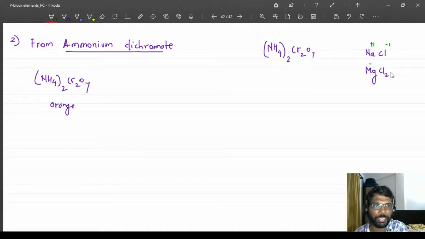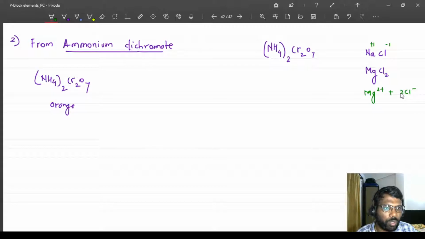I'm giving you this explanation because I want to explain how not to make mistakes in writing this formula. The charge on magnesium is Mg2+, and this will split as 2Cl-, 2 into minus 1 is minus 2, and plus 2. The charge is balanced.